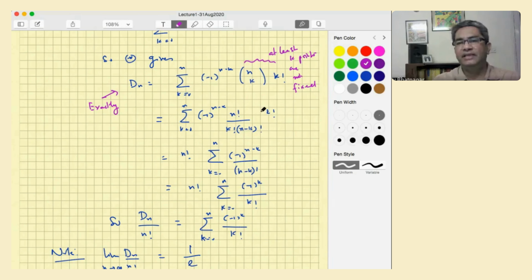So choose n minus k points, and then k factorial. So at least n minus k points are not fixed. So there's an at least and exactly. When you have to solve from this at least to exactly, then you do inclusion exclusion. You put a minus sign there. You say at least n are not fixed, minus n minus 1, plus n minus 2 and so on.